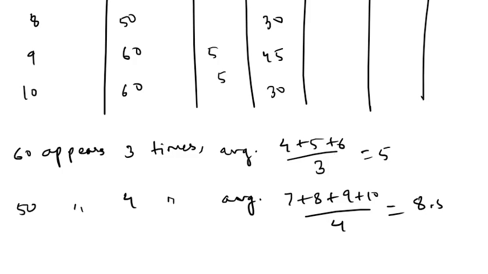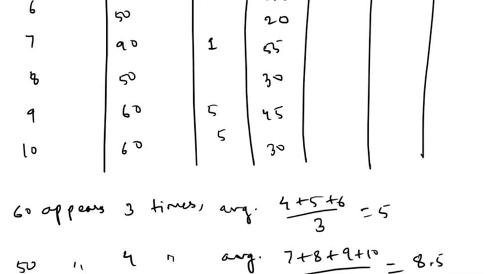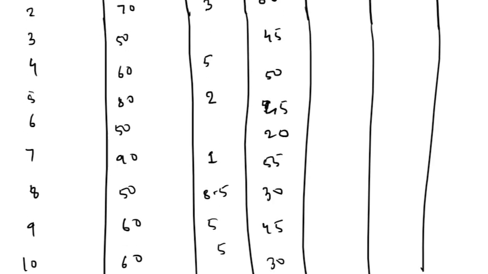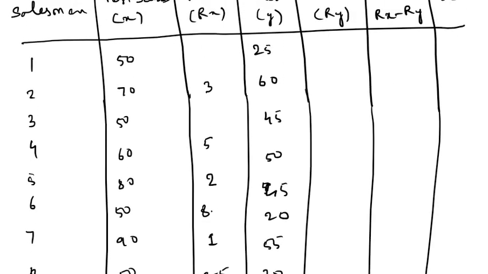We have 8.5. So we will put 8.5 for each of the 50s.